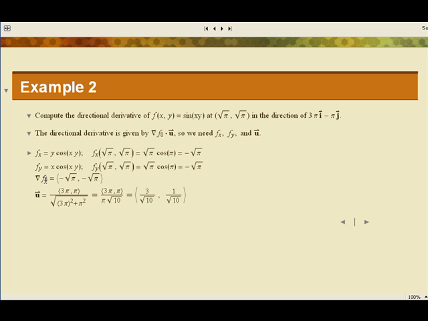So gradient at that point, sometimes written gradient f naught to symbolize the p naught. At that point we have negative root pi, negative root pi. Alright. Next we also need this u. So to do the dot product we're going to need the u, and this has to be a unit vector. So the unit vector, right now we have 3 pi and pi.